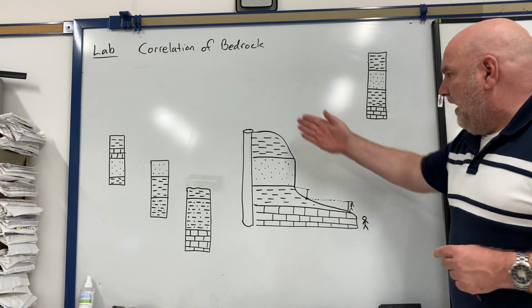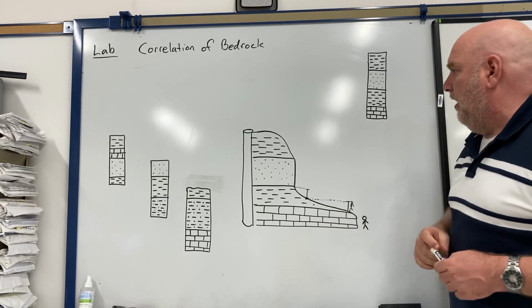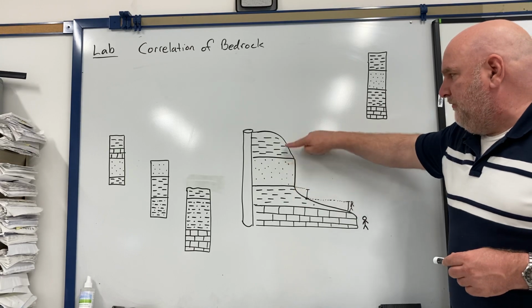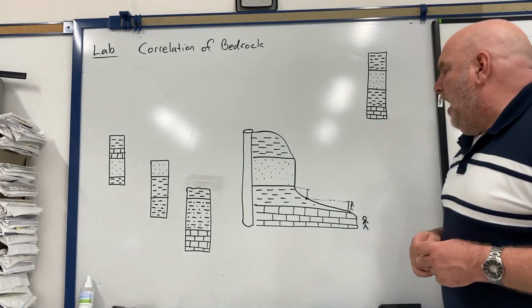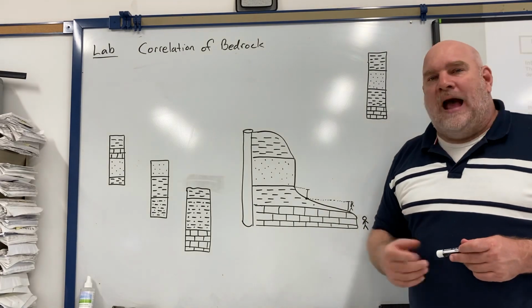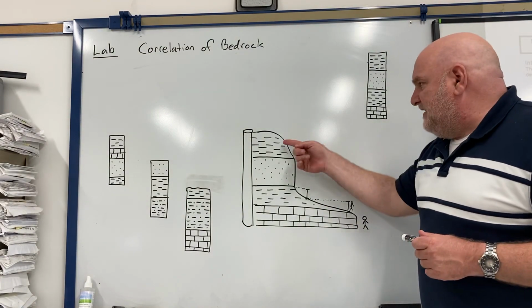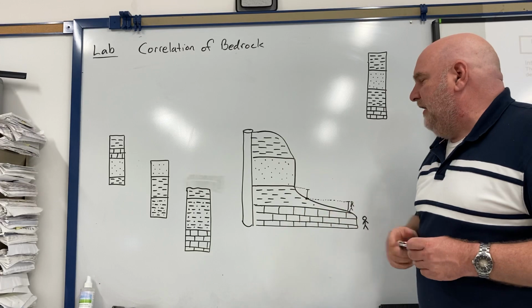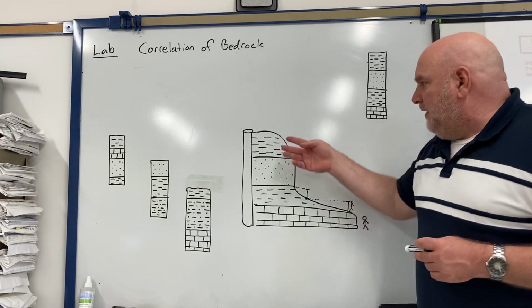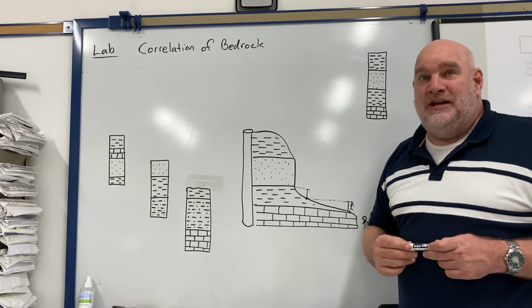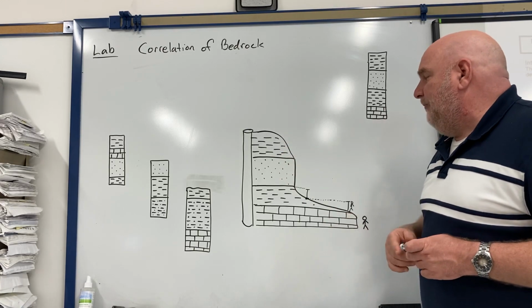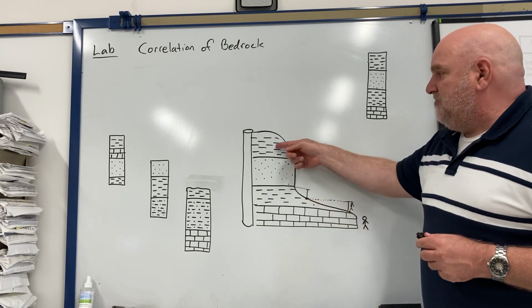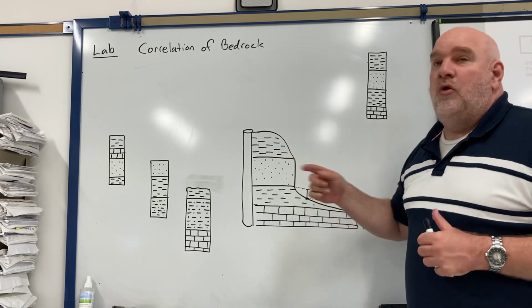Now, in my example here, there are 2 different layers of shale. When they're describing the rocks of an area, they have to distinguish between this layer of shale and this layer of shale. So each one of these separate layers is called a formation, and they give each formation a name. So this might be the Smith Shale, and this might be the Jones Shale.